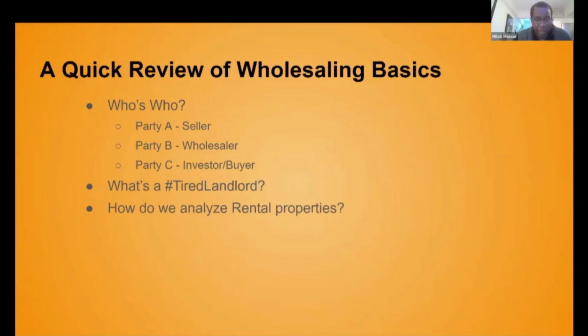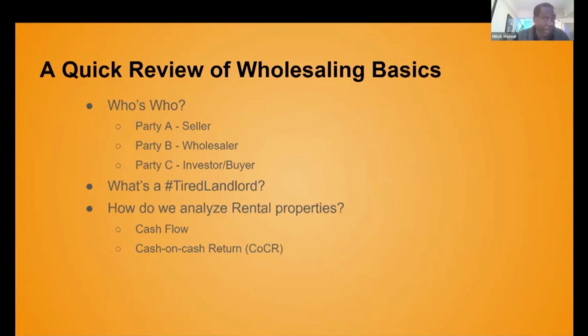How do we analyze rental properties? There are two primary things that we're looking for when we're talking about rental properties. We're looking at cash flow, and we're looking at cash on cash return. Cash flow is simply, think of it this way, it is the net cash that I'm going to get over the course of a year from a rental property, net of operating expenses, net of debt service, which might be loan payments, net of capital expenditures, net of all that stuff, but not net of income taxes, just net of all the property-related things.